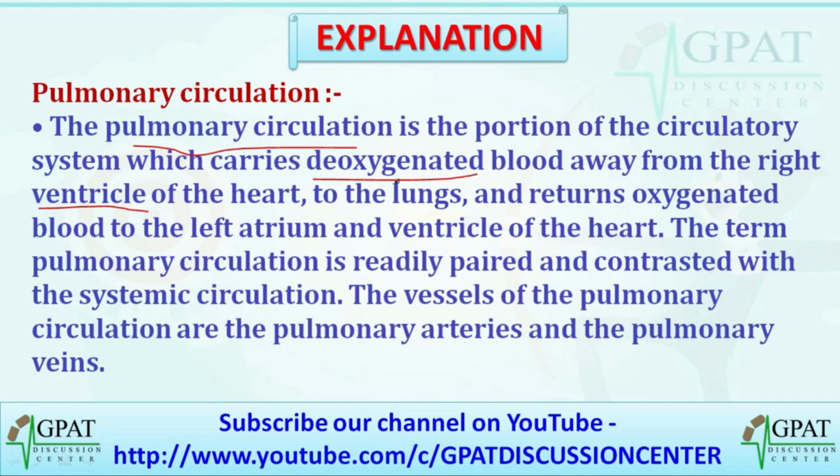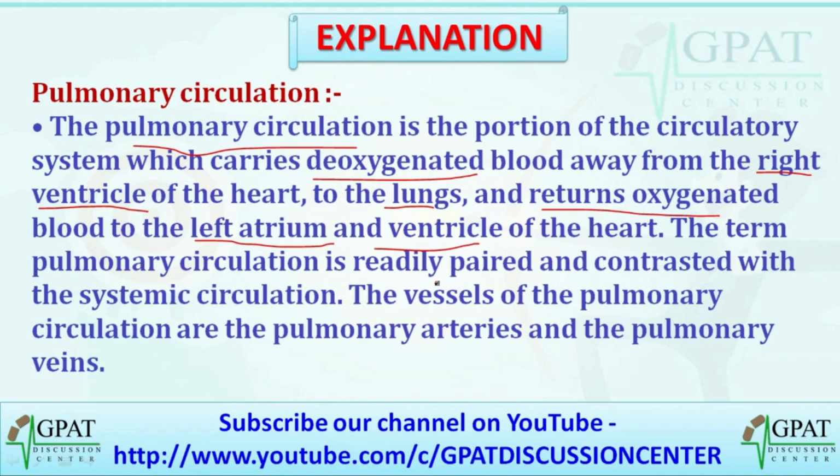Students, just try to focus that deoxygenated blood goes away from the right ventricle of the heart to the lungs and returns oxygenated blood to the left atrium and ventricle. That oxygenated blood returns to the left atrium and ventricle of the heart. So the term pulmonary circulation is readily paired and contrasted with the systemic circulation.